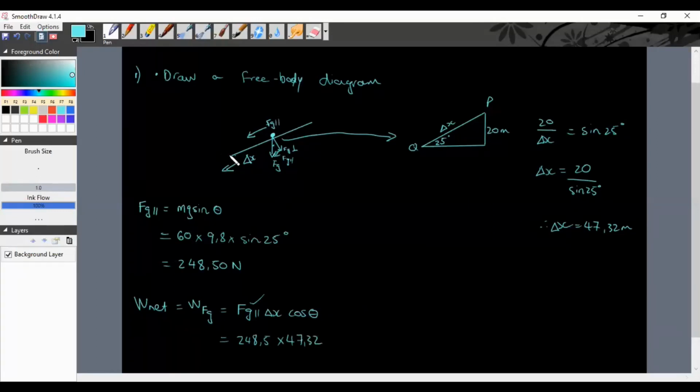F_g parallel is going in the same direction as the skier, or as delta x, because they are both moving this way down the slope. So my theta is, there's no angle formed. They're both going the same direction, cos 0 degrees, which is equal to 1. And my final answer is therefore equal to 11,760 joules.